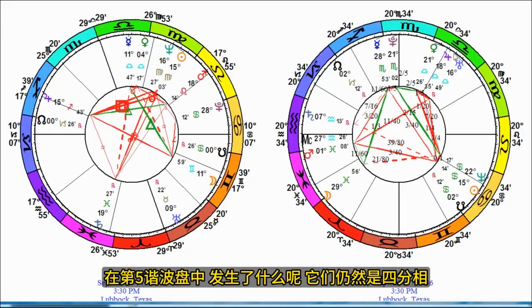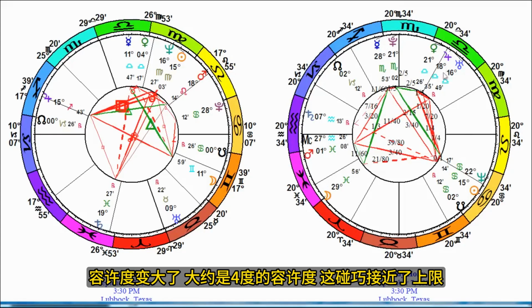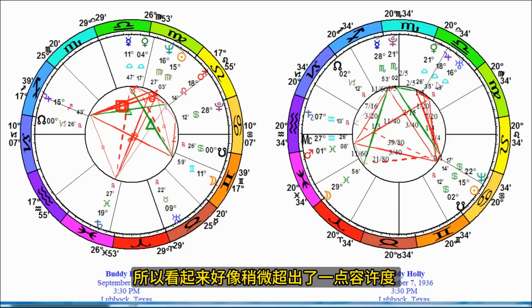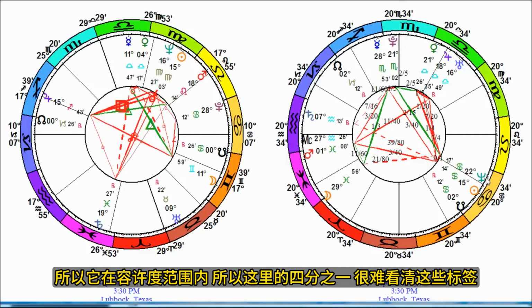In the fifth harmonic chart, what happens? They're still square. The orb has gotten bigger. It's about a 4-degree orb, which happens to be about the maximum, so it looks like it's very slightly out of orb. But Neptune, oh no, it's just within orb. Jupiter's 18 Libra 35, Neptune is 22 Cancer 17, just less than 4 degrees.